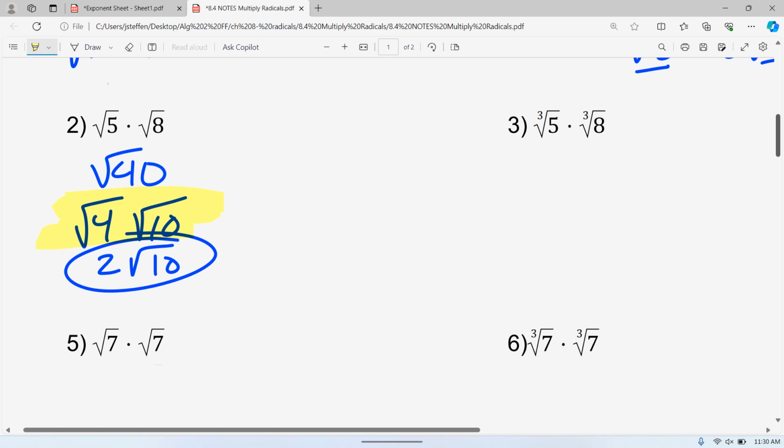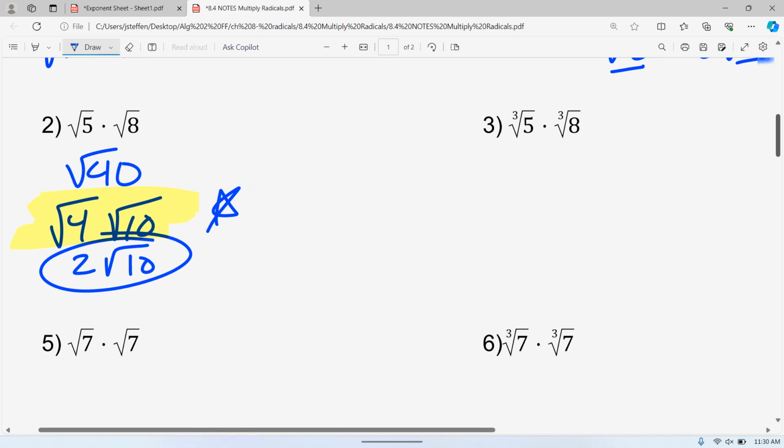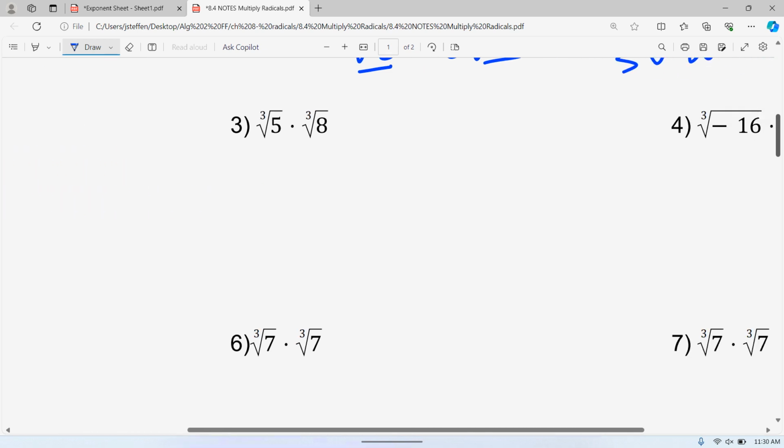I'm trying to do problems like number 3, because they won't do third roots in your calculator. I need to see your work. If you don't show me that step, I'm not going to give you credit for it. Again, I apologize, I know it's harsh, but your calculator doesn't work for you. So the other option is to not let you use calculators on any of it, which sounds equally terrible.